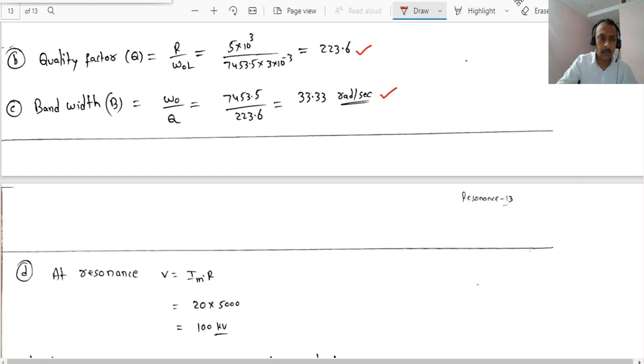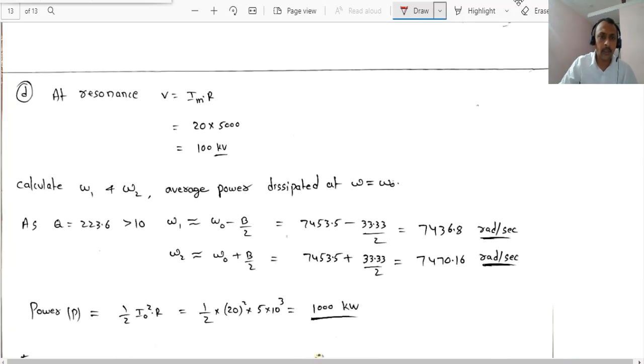Now what about at resonance? V equals Im into R. Im is 20, R is 5000, and it will be 100 kV, right? Now to calculate omega 1 and omega 2, and also the power dissipated at omega equals omega naught. If you observe, we got a value of Q which is very high.